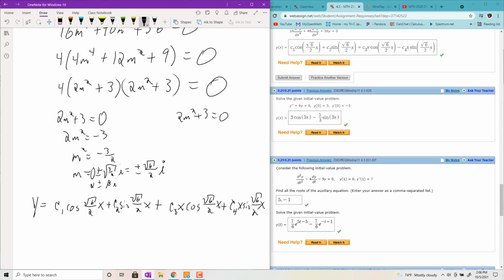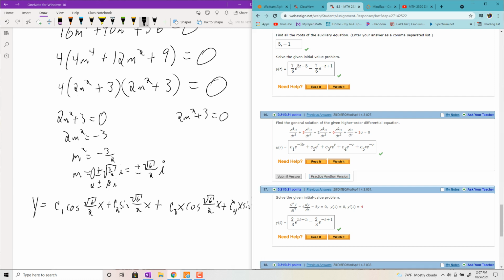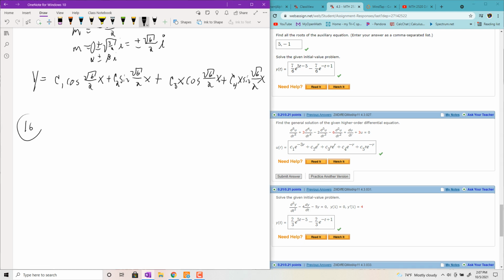Okay. So initial value problems in here are pretty nasty sometimes. Again, number 16, be aware that you're using a different variable. Also, let's look at number 16. So I have u to the fifth derivative plus 3 u fourth derivative minus 2 u third derivative minus 6 u second derivative plus u derivative plus 3 u equals 0.